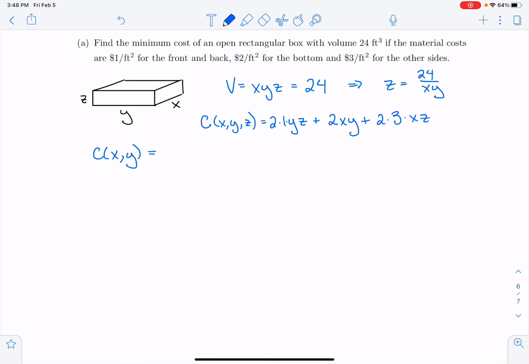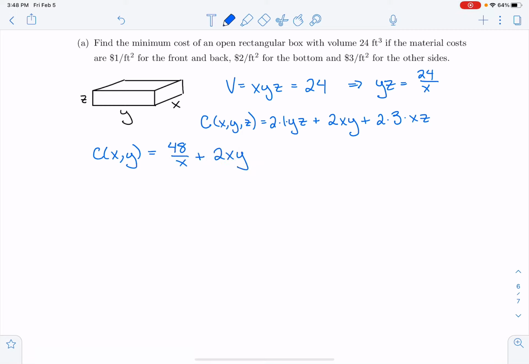And so I'm going to substitute for z in this equation so that I can make it a function of just x and y. Okay, to see how to do that easily, I'm going to actually recognize that y times z is 24 over x. So that tells me that the first term is really 48 over x. The next term is just 2xy.